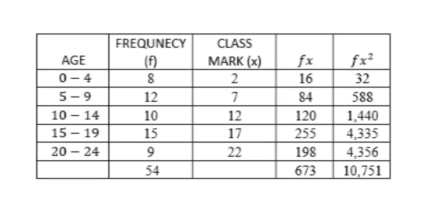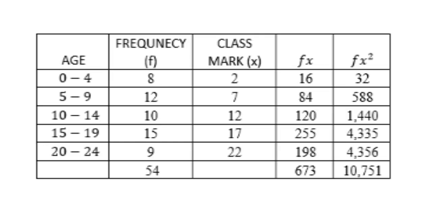And for the fx squared, when I added, I had 10,751. So our totals are f 54, fx 673, and fx squared 10,751. I hope you also have the same values.